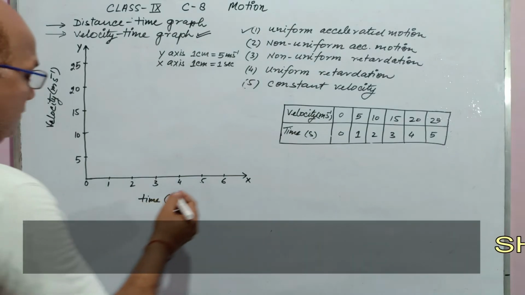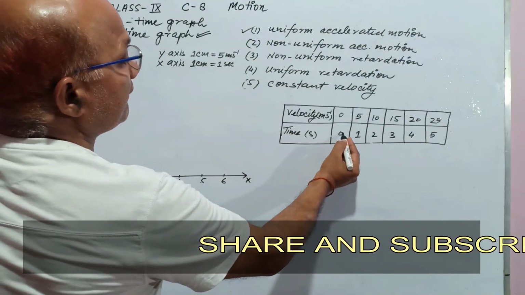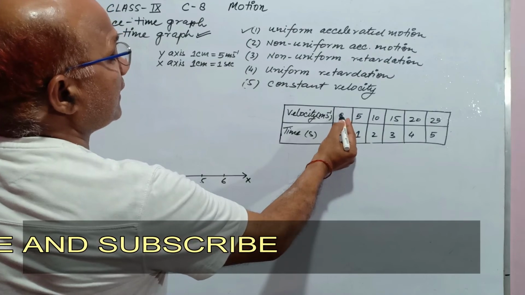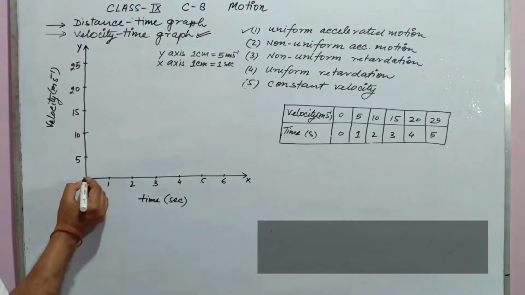So now we can see when time is 0, the velocity of the body is 0. So we will put a point here.